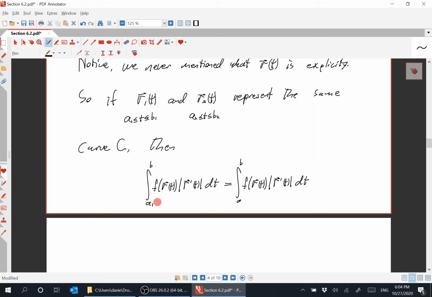So if this is a1, b1, r1, r1 prime, a2, b2, r2, r2 prime, they're going to be equal.